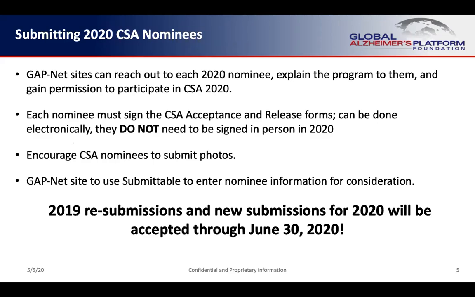We want to encourage each CSA nominee to submit good quality photos, and GapNet sites are to use Submittable to enter nominee information for consideration. All 2019 resubmissions and new submissions for 2020 will be accepted through June 30th, 2020.